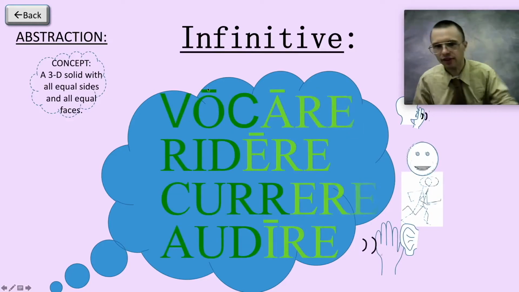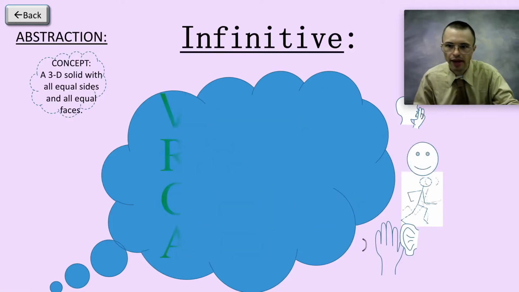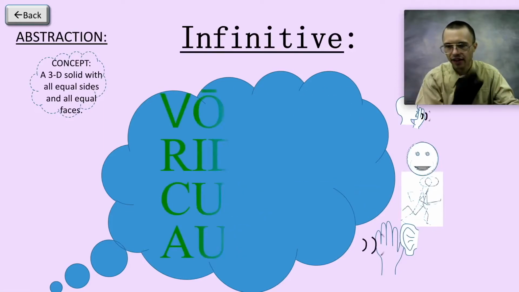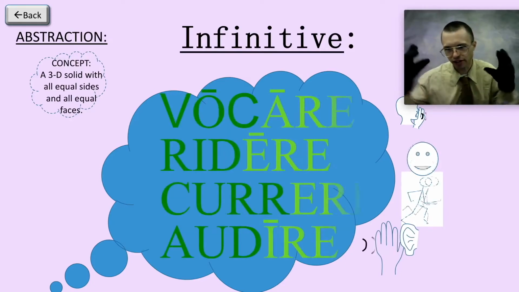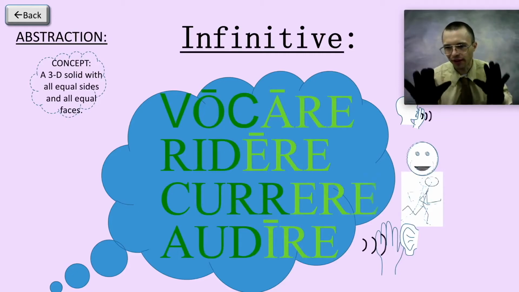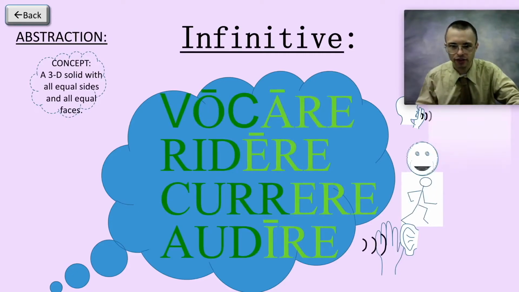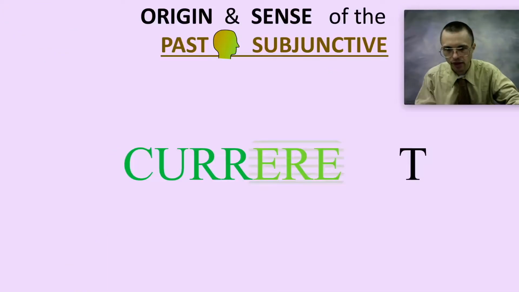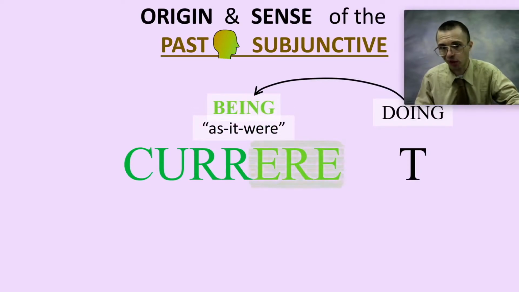But in any case, this is the idea of calling itself. And onto this idea, we're going to tack the endings to let us know who is doing this abstract, virtual, in principle, not real, but hypothetically imaginary calling. So the way you do it is you put the ending on just like that. And this is going to mean doing the being, as it were, of running.